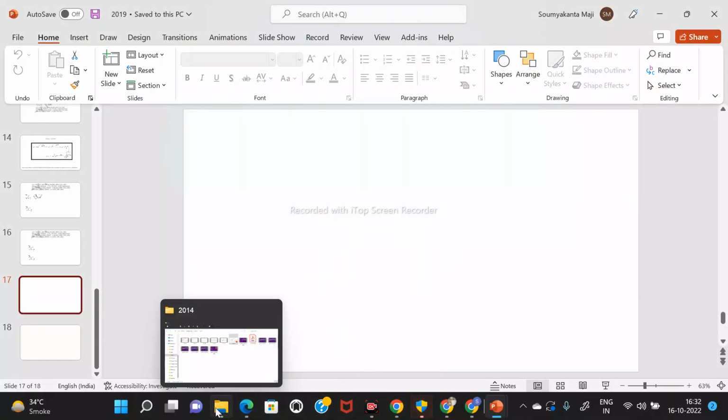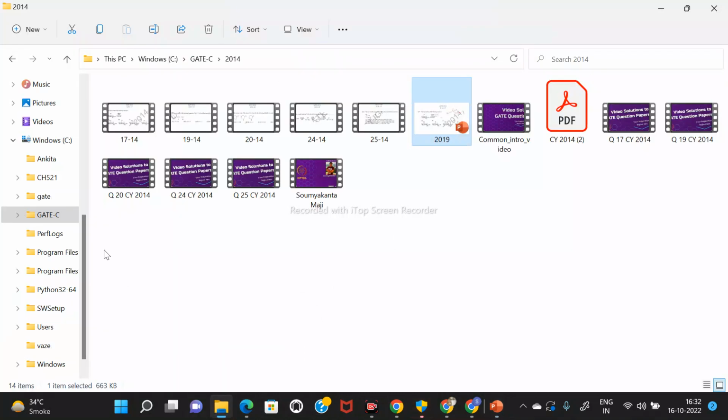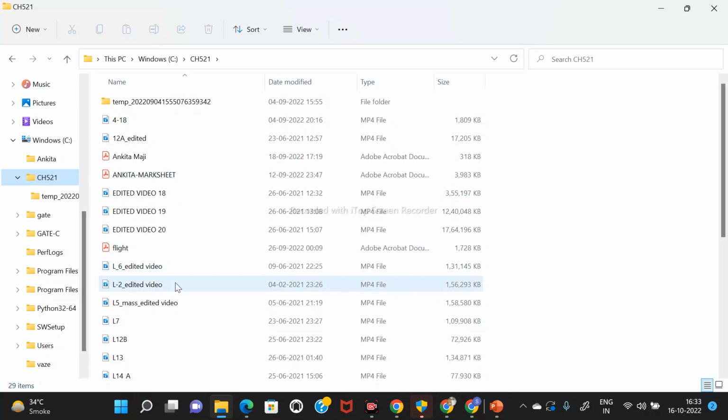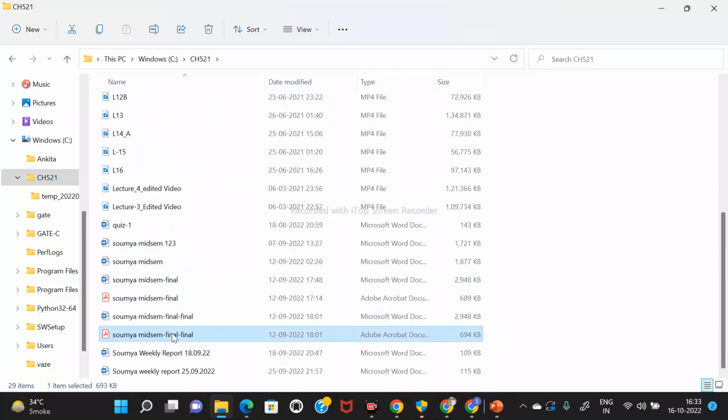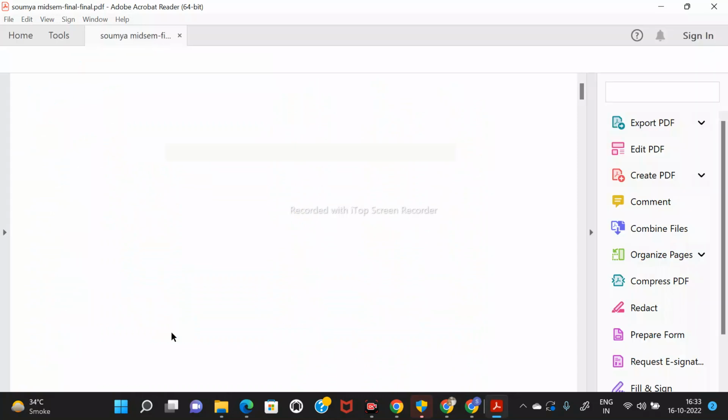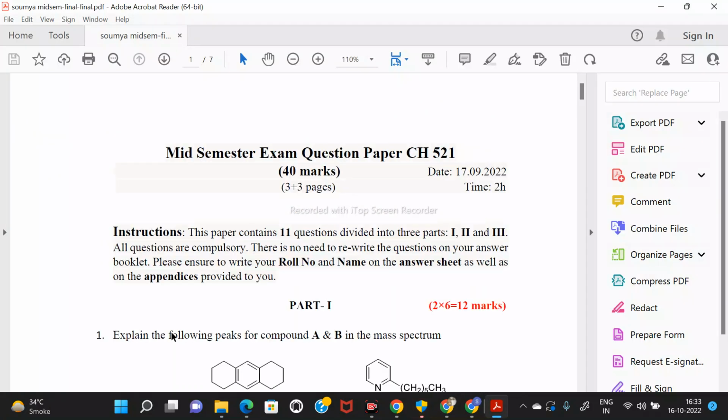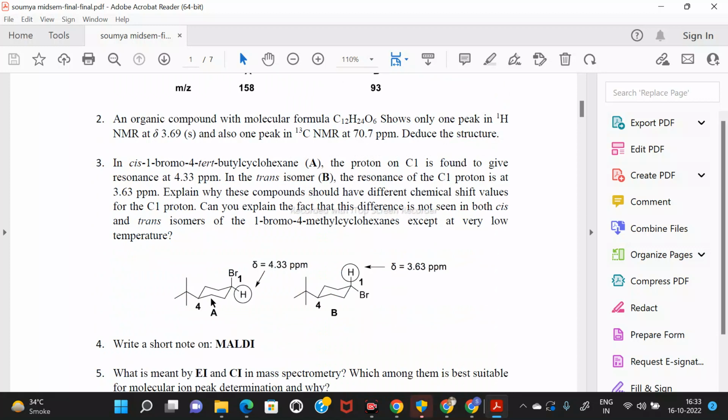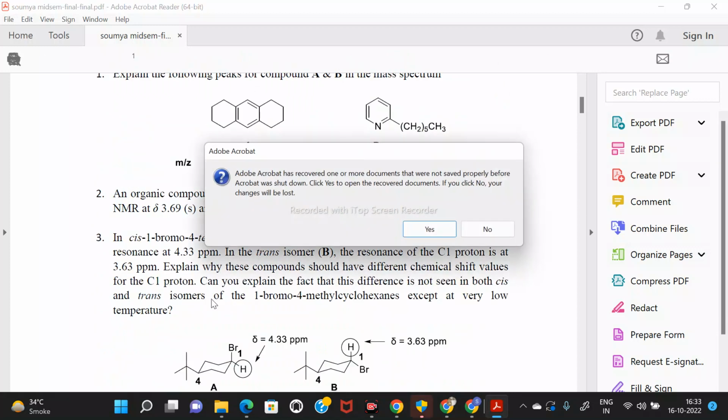Okay, then if it is clear, then we'll solve some NMR questions. Solve these two.